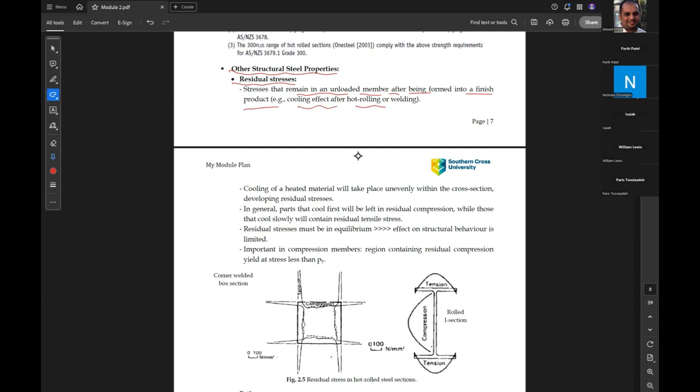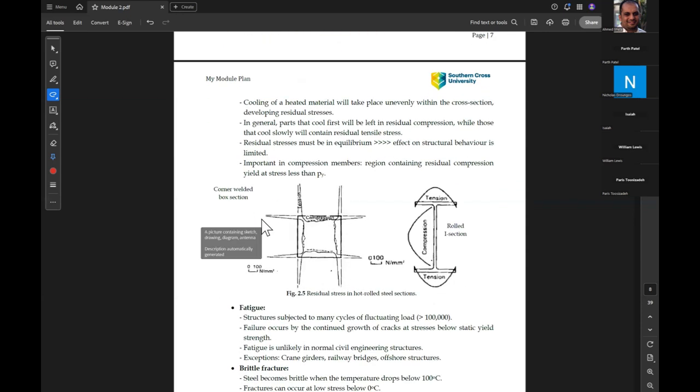So after you apply temperature to the steel, some residual stresses will remain in the steel. These residual stresses must be in equilibrium, and then the effect on the structural behavior is limited.